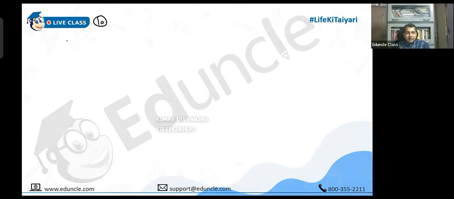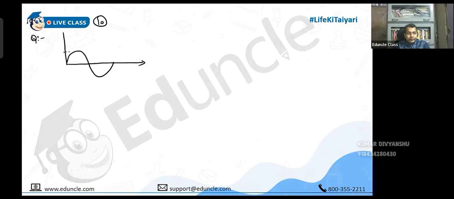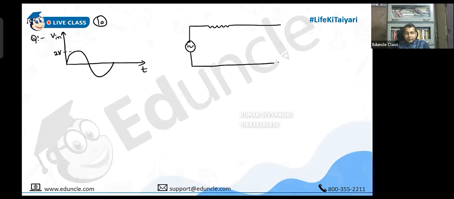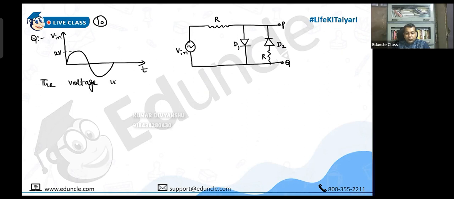So there is another one. This is the input voltage. The voltage waveform across PQ.